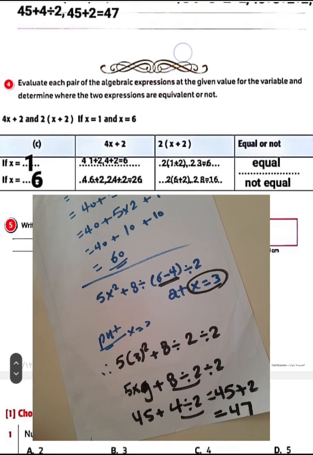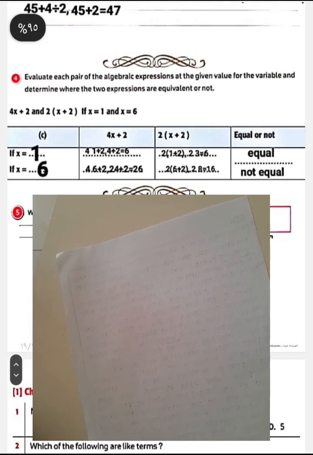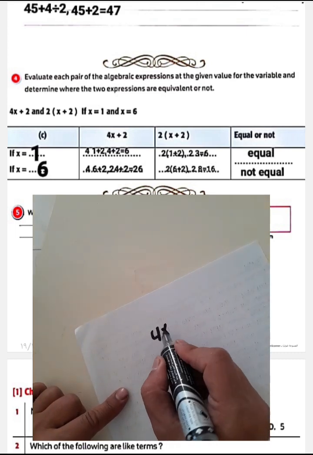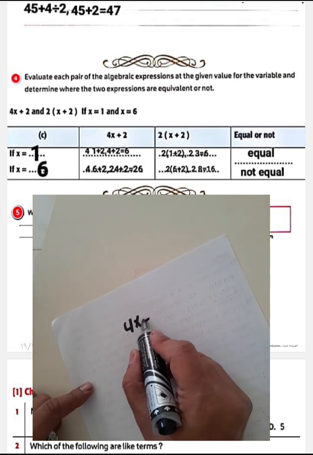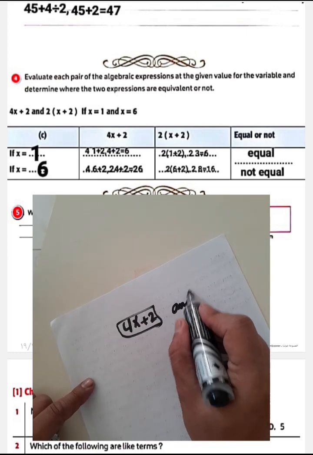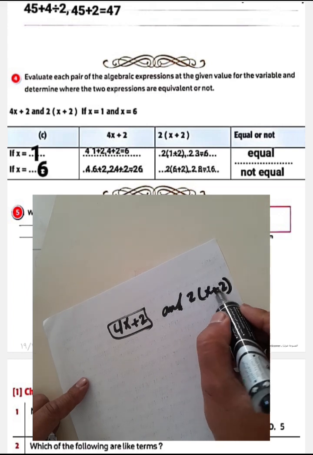Question number 4, evaluate each pair of algebraic expressions given the value for the variable and determine whether the two expressions are equivalent or not. We have here 4x plus 2, it's the first expression, and the second expression here, 2 multiplication x plus 2.